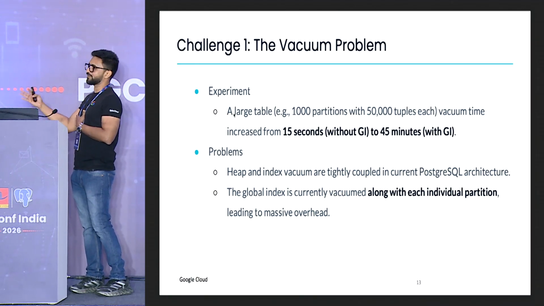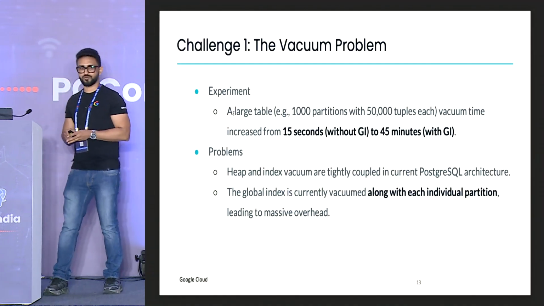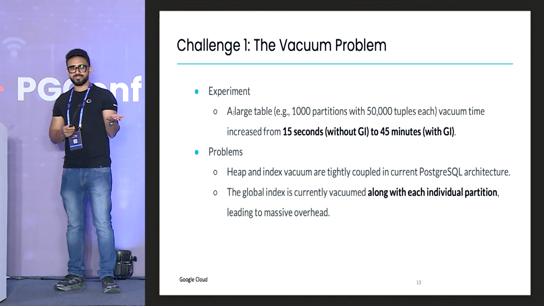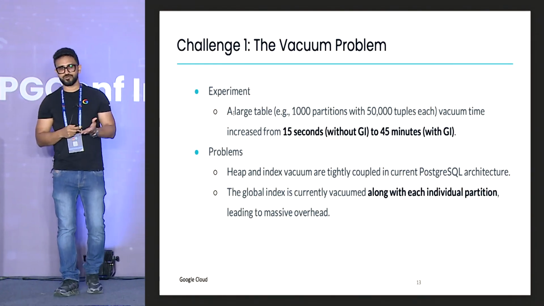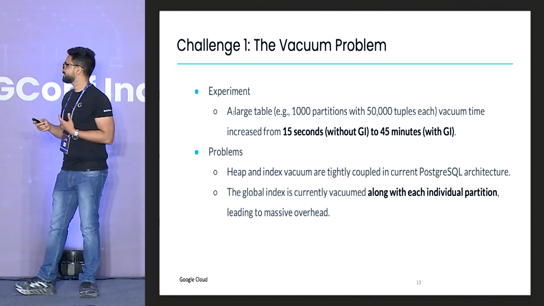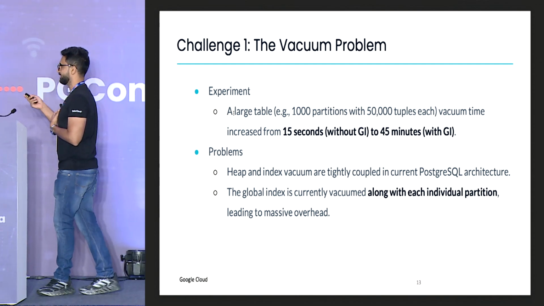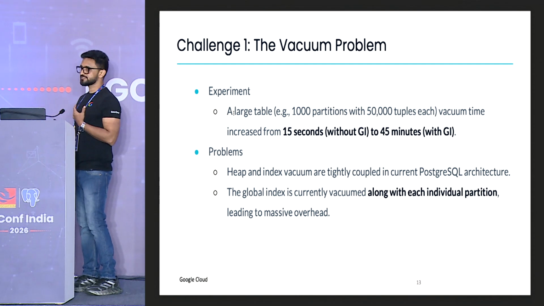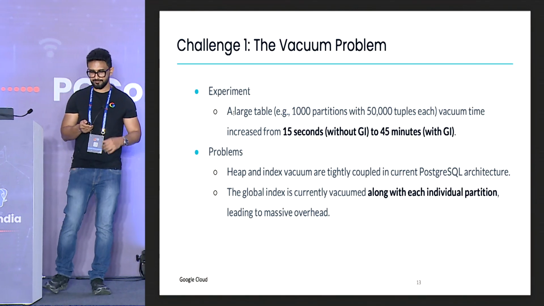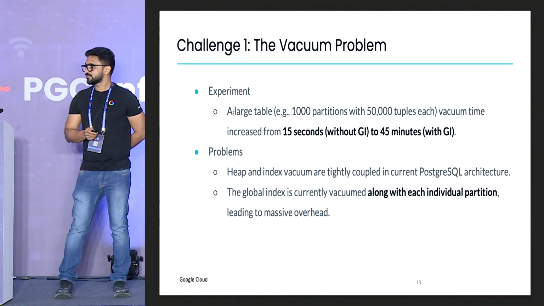It means it is getting vacuumed 1,000 times. That is the scale you see, where the vacuum time increased from 15 seconds to 45 minutes, almost 180 times more than without the global index. The reason is that the global index is getting vacuumed multiple times, once for every partition.